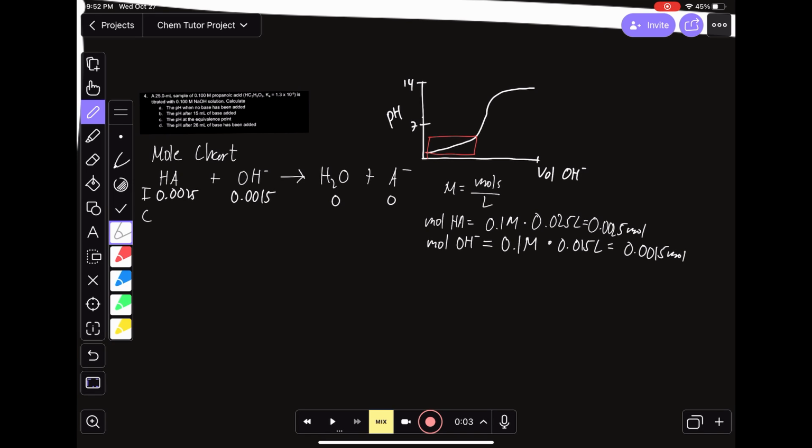The change, we know what the change will be. Whichever one of these is smaller, you'll be subtracting from the other, or from everything actually, on the left side. So since OH is smaller, we're getting rid of all this OH because it's reacting with all of this acid, and it's being converted into water, so we add it to the other side.